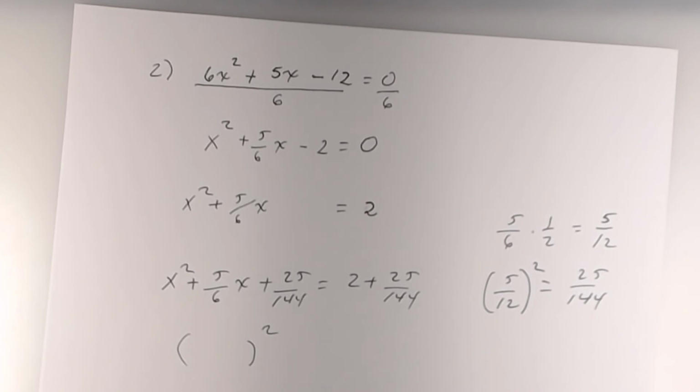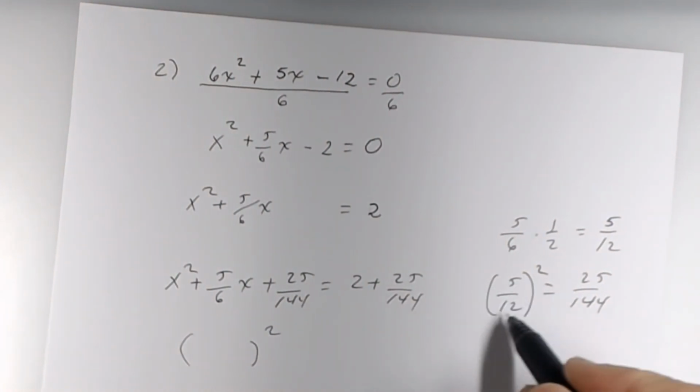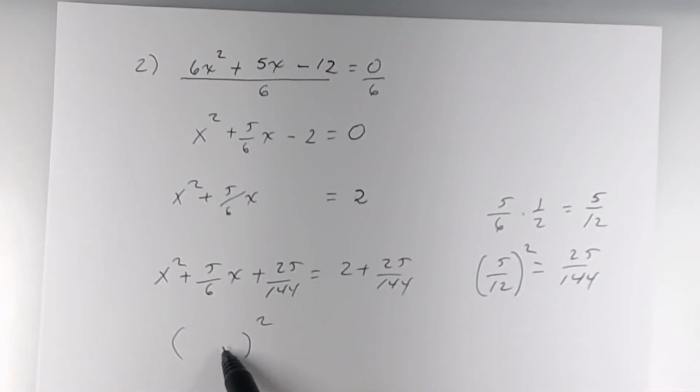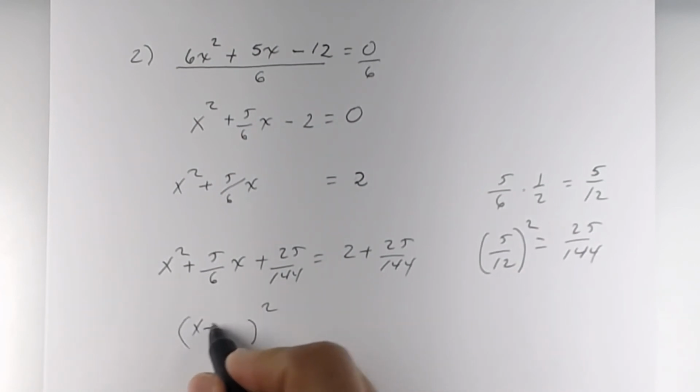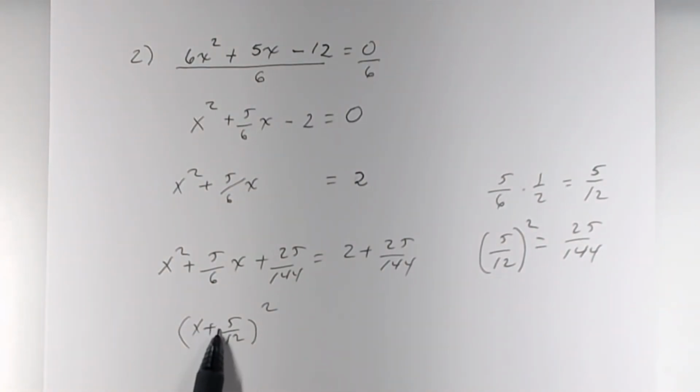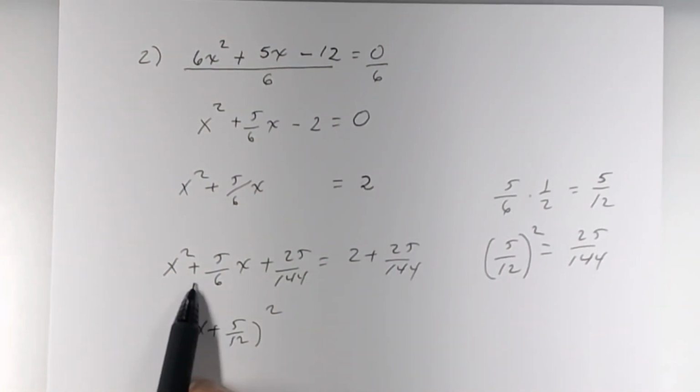X plus 5/12. Remember in the previous lesson, when we had the easier problems, we said whatever you see here should be here. So this should be x plus 5/12. Before we go on, double check to make sure that's true. In the previous problem, the binomial is x minus and this one is x plus. So just make sure you know when it's going to be x minus and when it's going to be x plus, because the sign here takes this sign here.